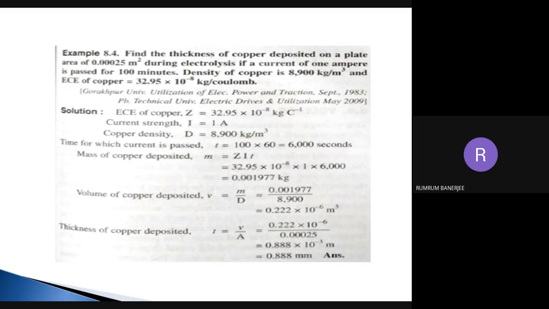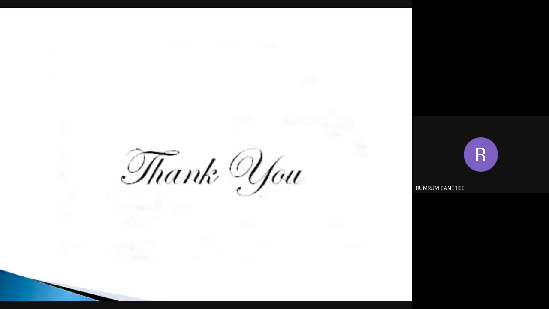And the thickness of copper deposited will be V by A. Putting all these values, we can calculate the thickness of the copper deposited. In that way we can calculate the thickness of copper.